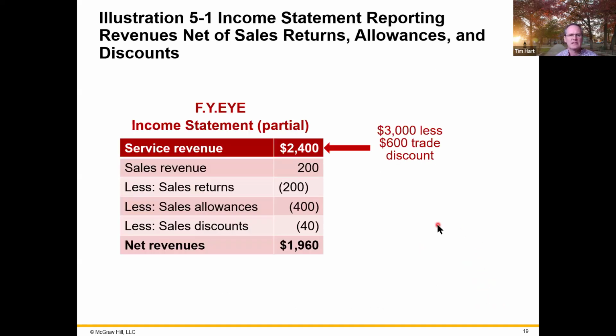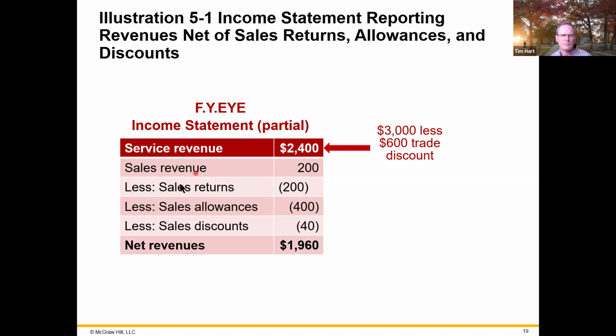And what this looks like on the net income, just kind of a snapshot of net income, the 3,000 less that 600 trade discount. Remember, in tax terms, it's an above the line discount if you think about it that way, or like an off the top discount. Maybe if you're buying a car, kind of take it off the top. It's not even going to get sales tax on it, right? That kind of idea. So that trade discount, 2,400.